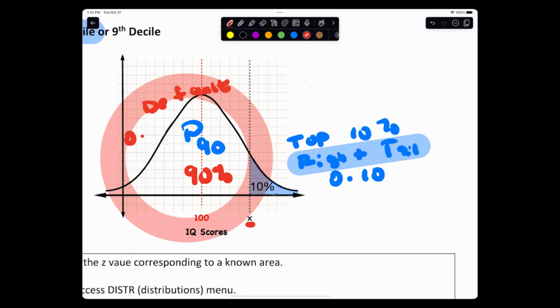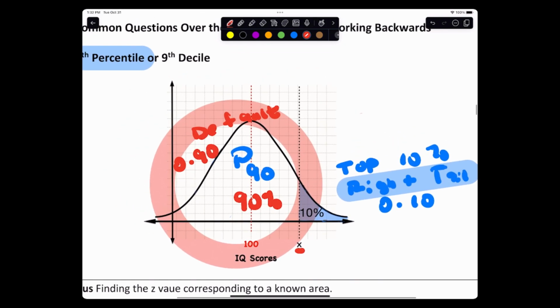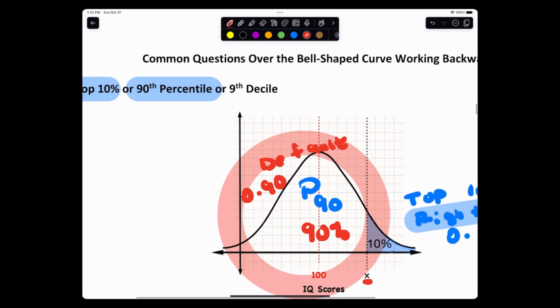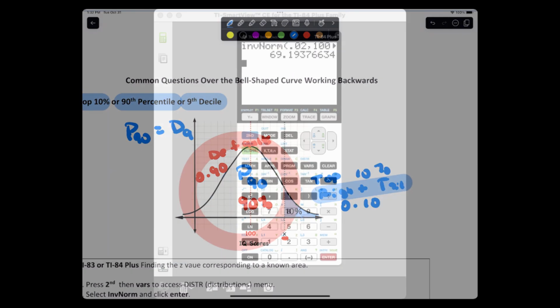I'm going to put both of that information here so you can compare and contrast. 90% and 10% are complements. We're going to answer that question by using the TI, and this is also the same as D9, the 9th decile, because P90 is D9 by definition. You remember these here. So we're going to try that out in our TI.